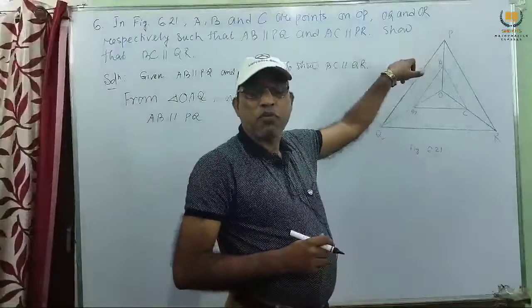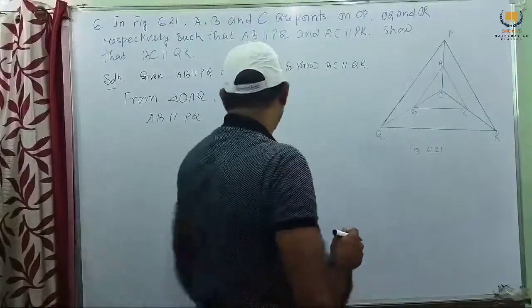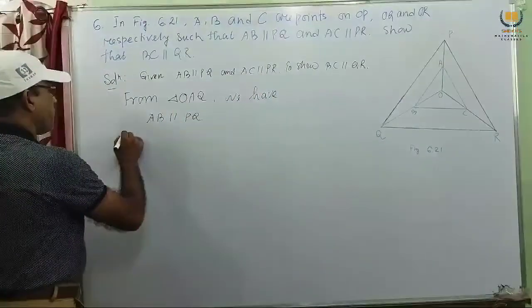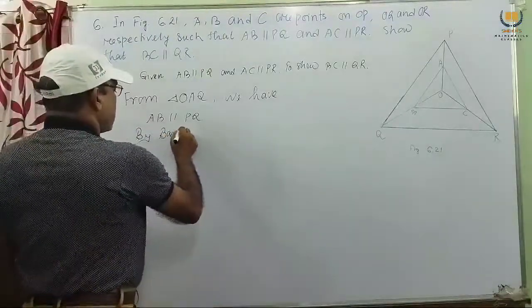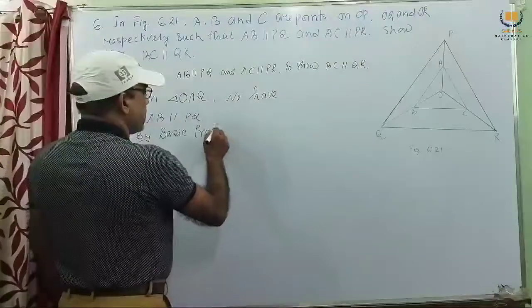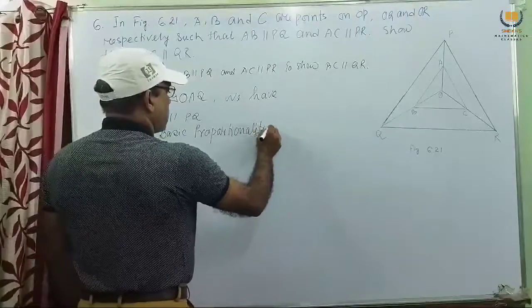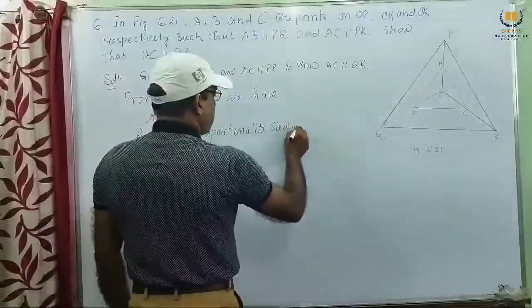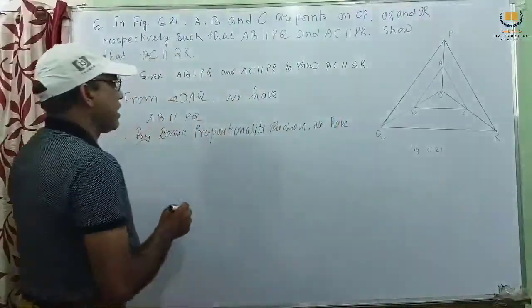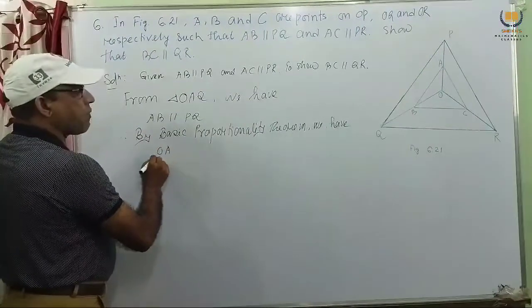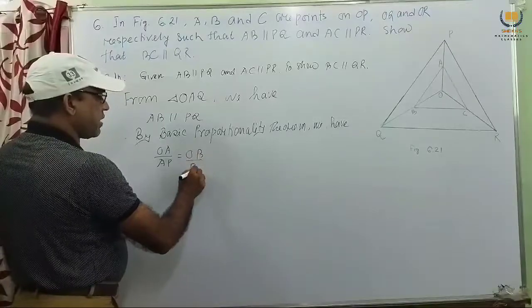Then by basic proportionality theorem we get OA by AP equal to OB by BQ.